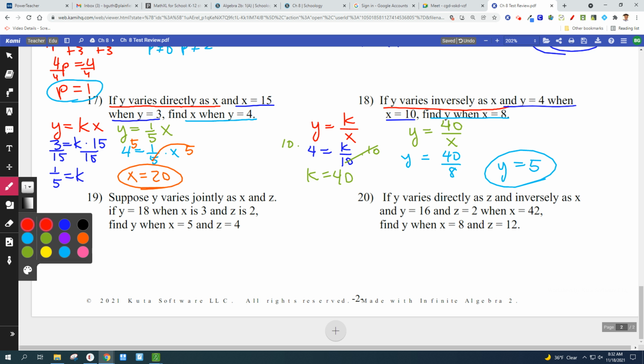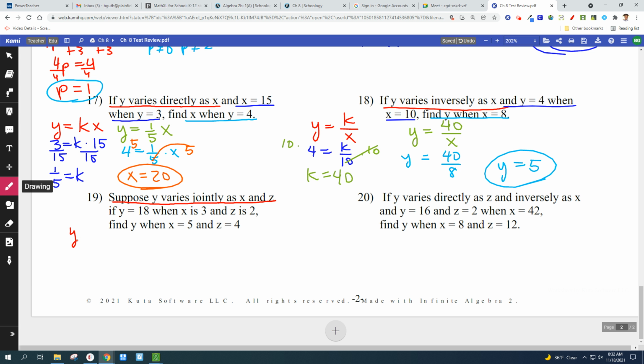These bottom two are kind of tricky. So jointly means there's more than one multiplication. y equals kxz. That's jointly. Jointly means it's direct for more than one variable.